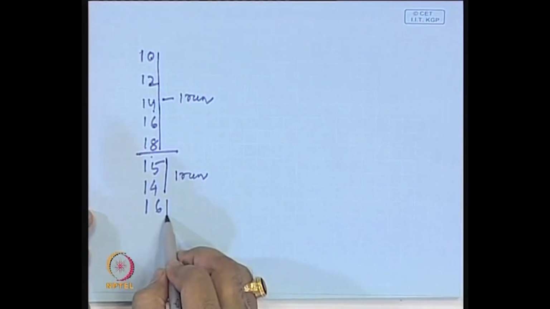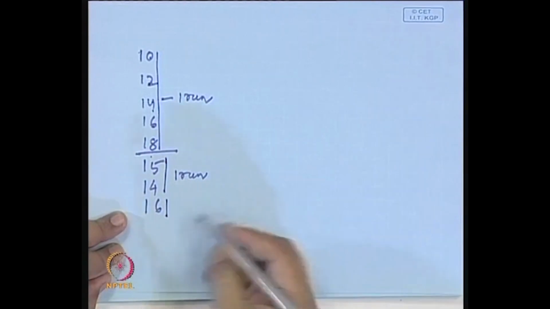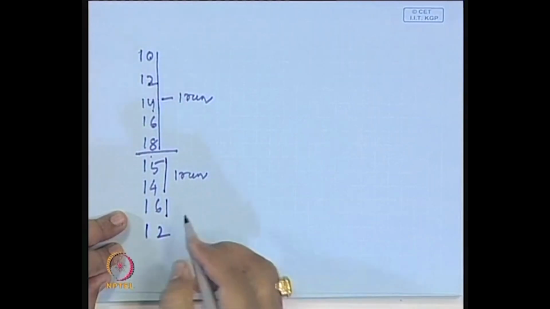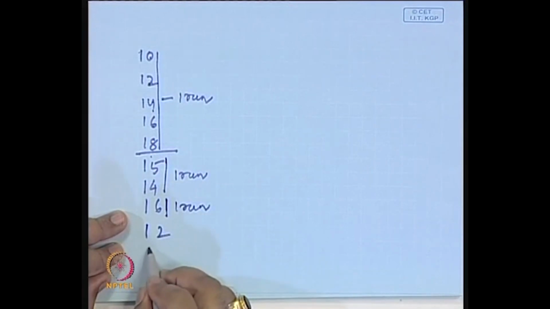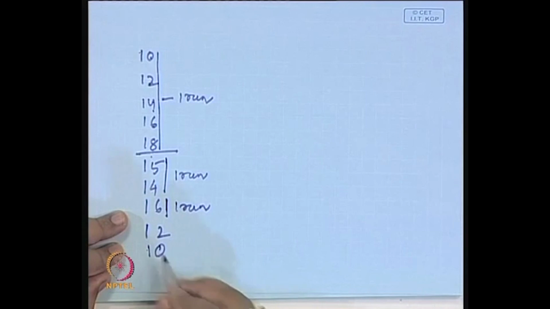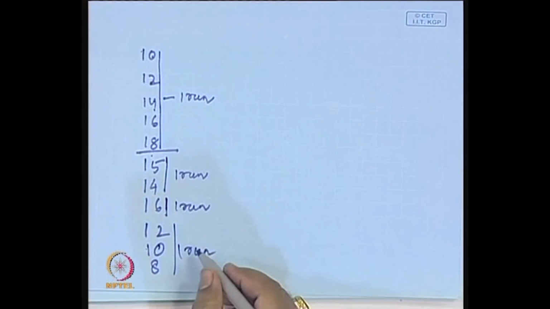Then again it starts increasing to 16, then goes down to 12. This is again one run, and if it keeps decreasing, 12 to 10, 10 to 8, then it is one run, and if it increases again we go for another run.